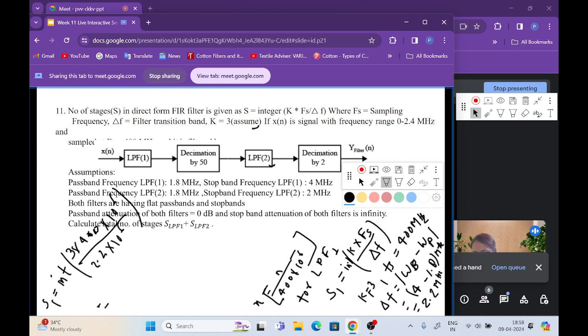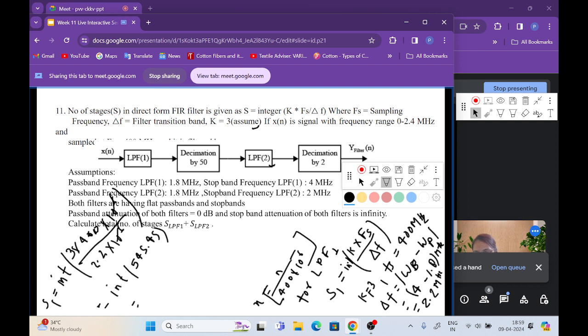Now what will we get? 10 to the power 6 will be cancelled out, and if you multiply 3 into 400 and divide by 2.2, you will get 545.45. Now we have to take the integer value only.